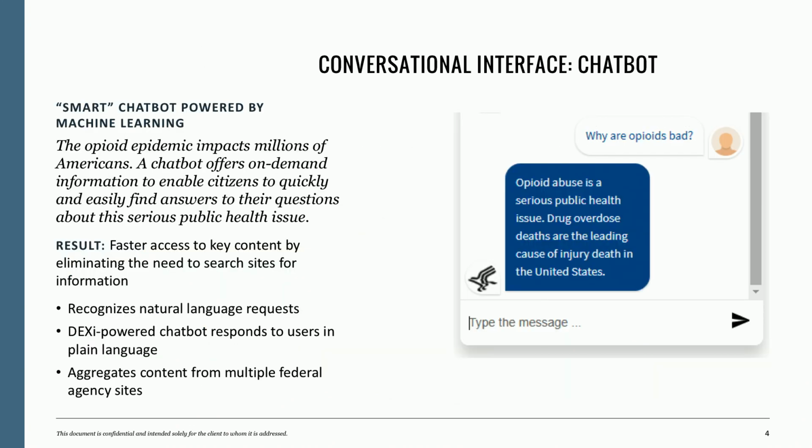The use cases we've been talking about so far are more of the conversational interface for a chatbot. This is the example of what we just looked at for HHS, having a chatbot available on the web that can result in faster access to the same information regarding opioids.